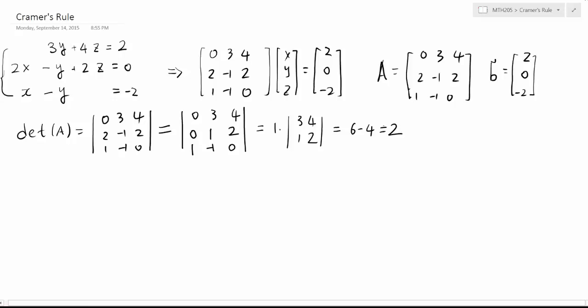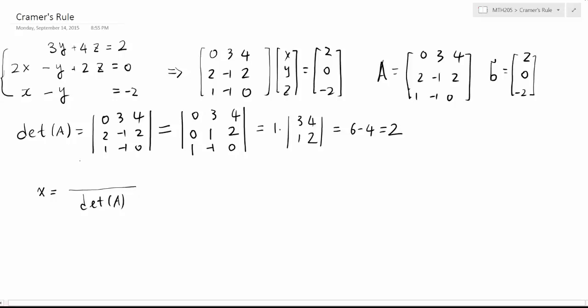Now let's first write down the solutions before we do the calculation. According to Cramer's rule, the first variable x is going to be equal to a determinant over the determinant of A, which is the denominator.